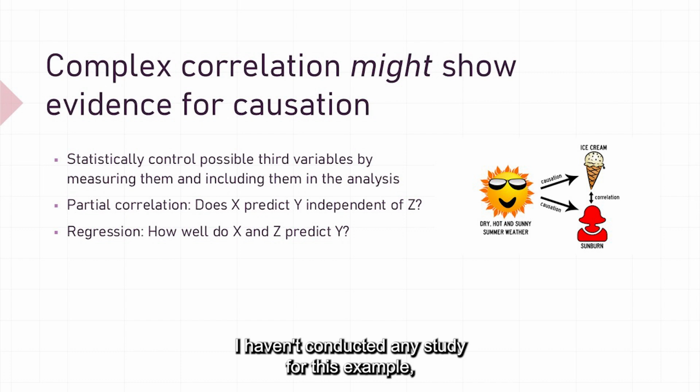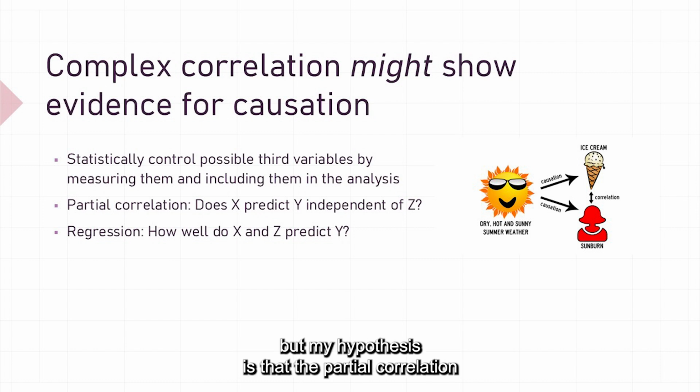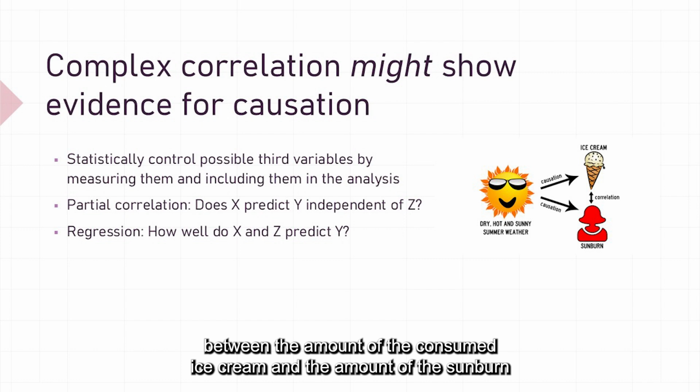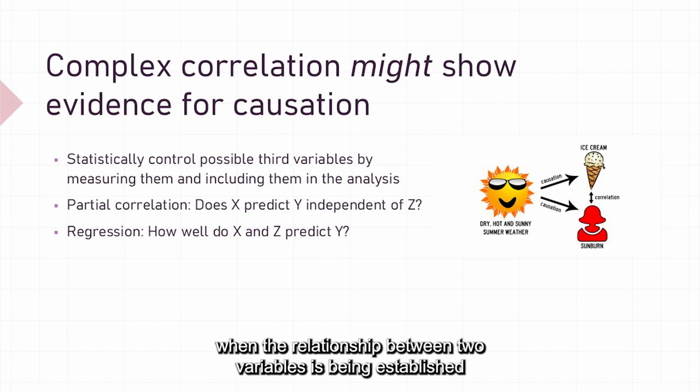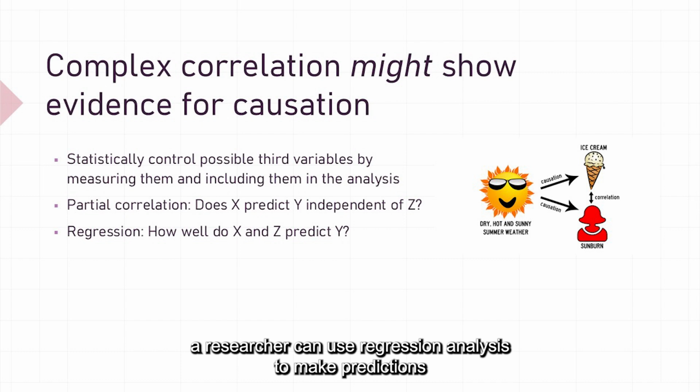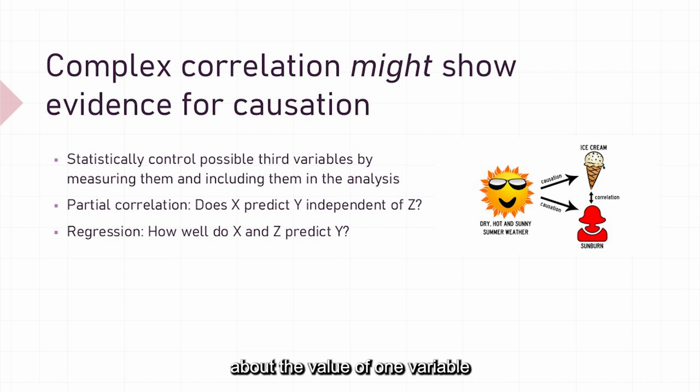I haven't conducted any study for this example, but my hypothesis is that the partial correlation between the amount of consumed ice cream and the number of sunburns, when the temperature is controlled, would be zero or close to zero. When the relationship between two variables is established, researchers can use regression analysis to make predictions about the value of one variable based on the value of another variable.